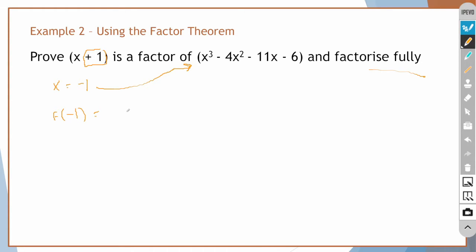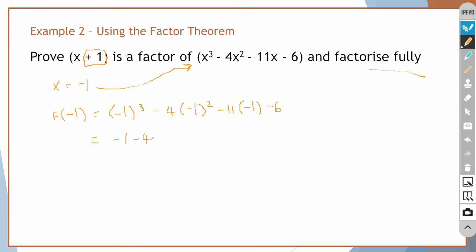Anytime we see an x, we replace it with minus 1. So we've got minus 1 cubed minus 4 times minus 1 squared minus 11 times minus 1 minus 6. Multiplying all of this out, minus 1 cubed is minus 1. Minus 1 squared is positive 1, times by minus 4 is going to give us minus 4.